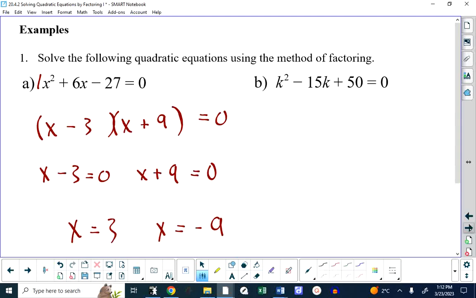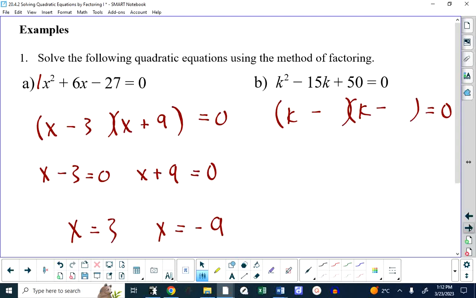Take a look at the next one. Well, we factor it. The leading coefficient is 1, so we can put k and k. We're looking for two numbers that multiply to give 50 and add to give negative 15. Okay, wait. If they multiply to give positive 50, but they add to give negative, then they had both better be negative. So now you start running through the factors of 50 in your head, and the first thing that pops into my head is 5 and 10.